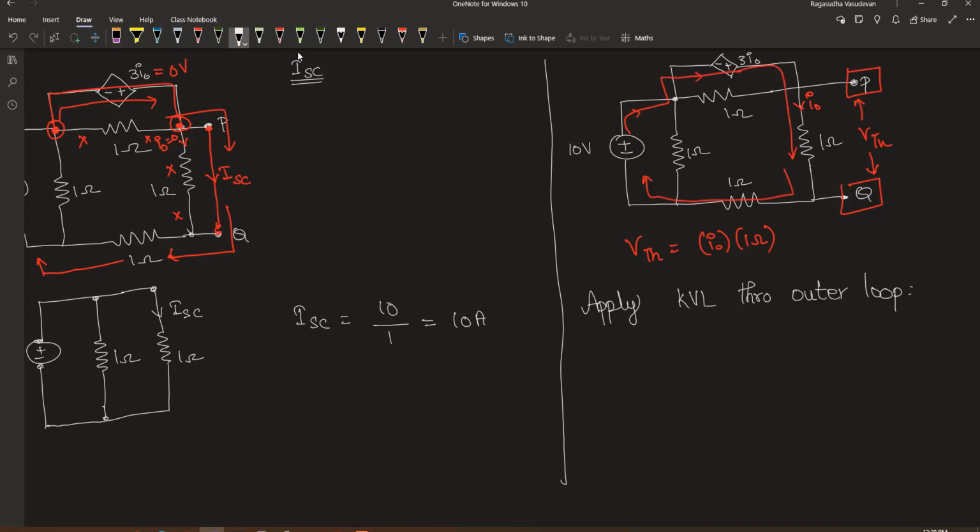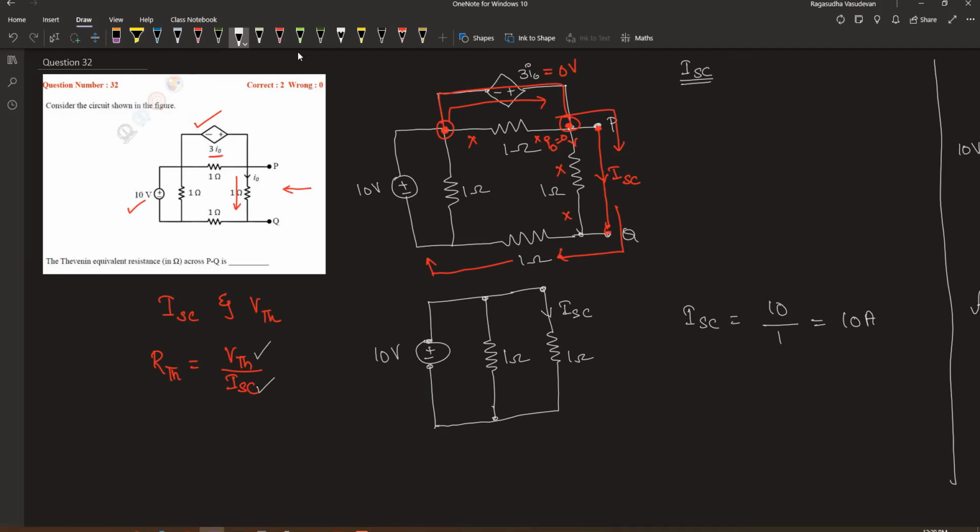According to Kirchhoff's voltage law, the equation becomes 10 plus 3 I0 minus I0 is equal to 0. So this implies that I0 is equal to minus 10 ampere. Therefore, the Thevenin equivalent voltage is equal to minus 10 ampere into 1 ohm, which is equal to minus 10 volt.